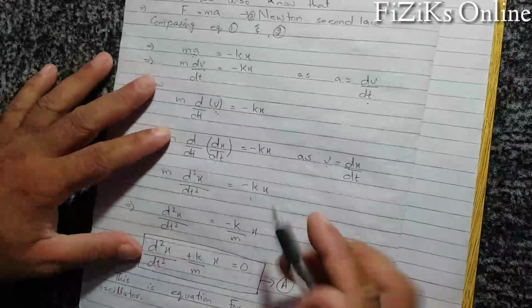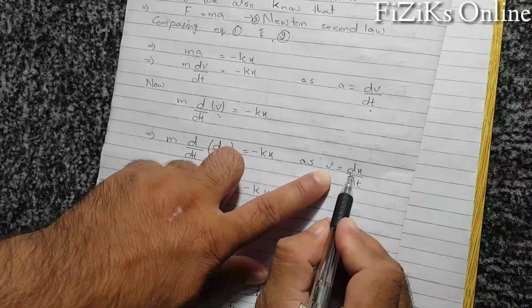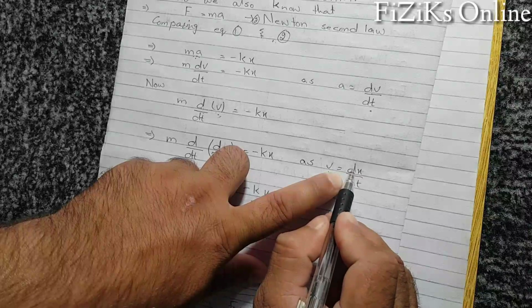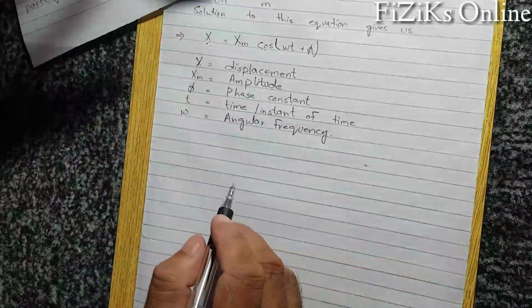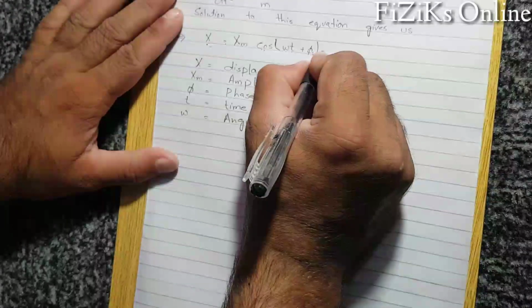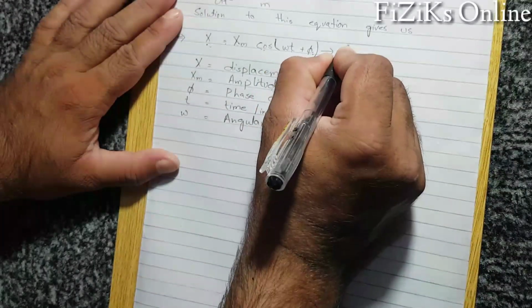You can see from here that if we differentiate displacement, it gives us velocity. We will name this equation star.